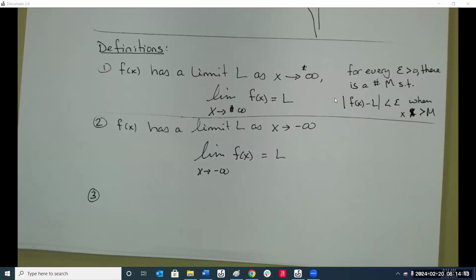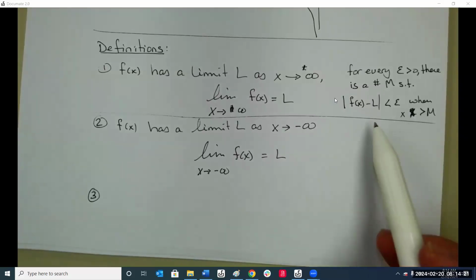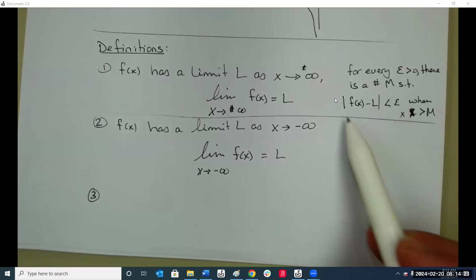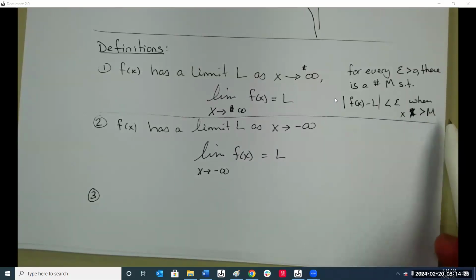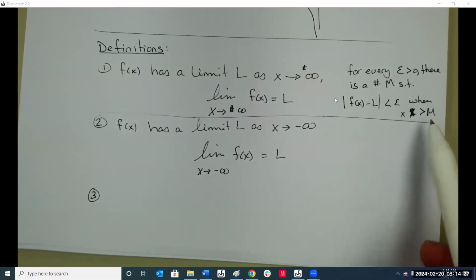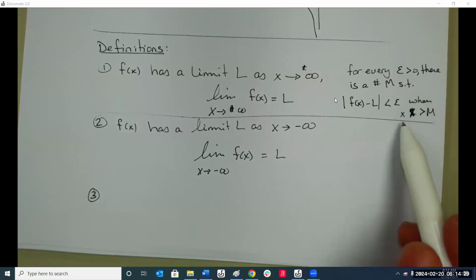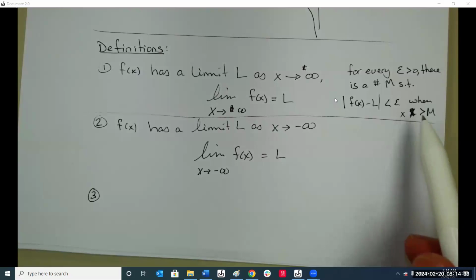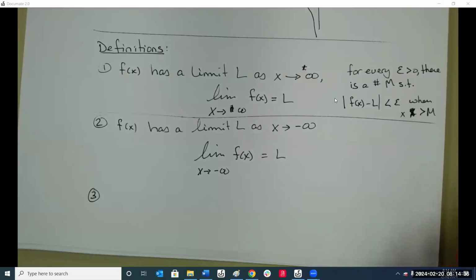So what happens to delta? The reason they're saying the absolute value of f of x minus L is less than epsilon whenever x is greater than m. What is happening to x in the epsilon delta proof?